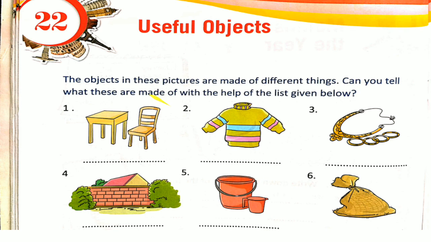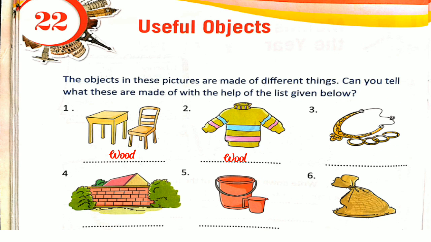Number one, table and chair. Table and chair are made of wood. Yes, it's made of wood. Now sweater. Sweater is made of wool. Yes. Next, number three, jewelries.